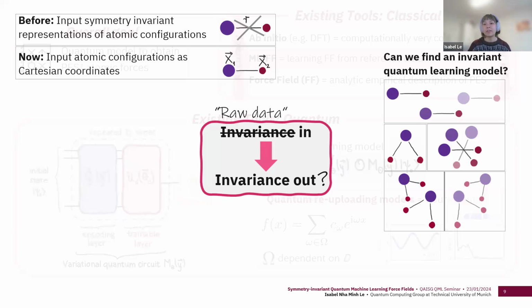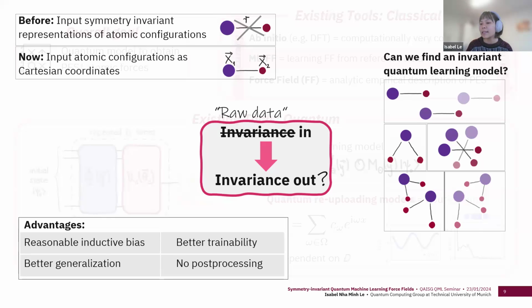Incorporating these symmetries in the design of the quantum model would be a physically inspired and reasonable inductive bias, which could lead to better generalization properties. And furthermore, we would also not need to do any classical pre-processing and post-processing, because we would just directly get the forces with respect to the Cartesian coordinates, such as required within molecular dynamics.